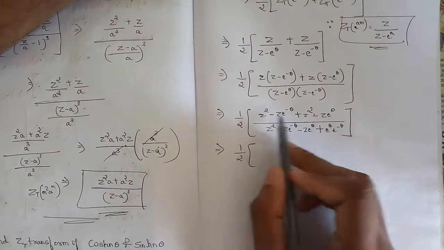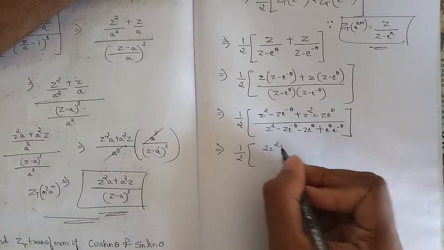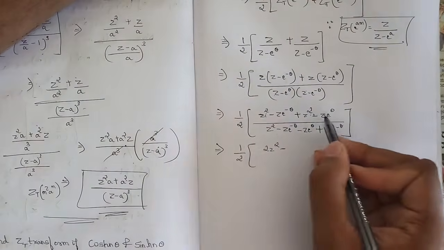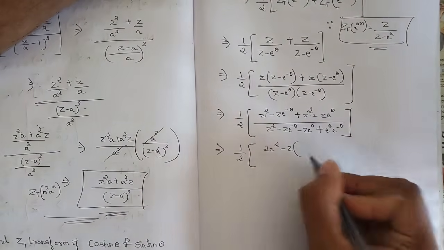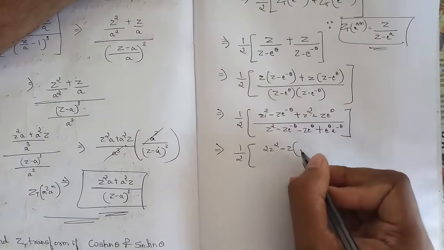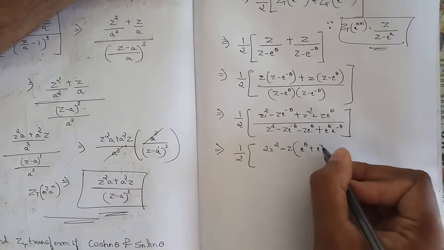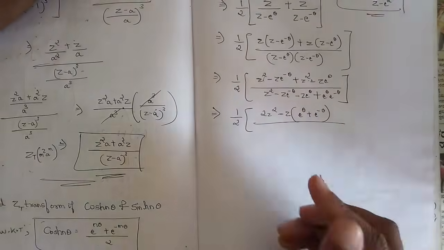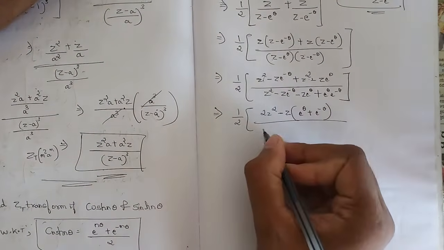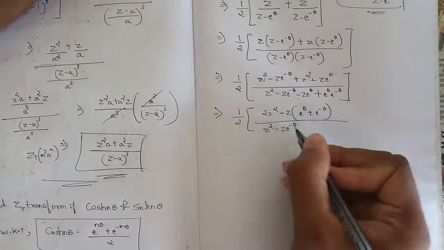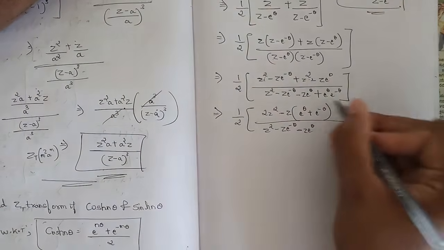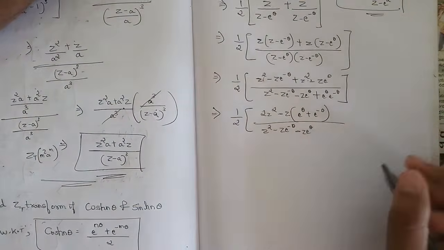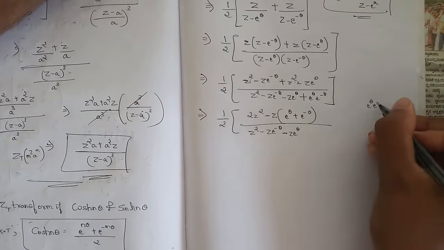So now add. There are two z square terms, so it becomes 2z square minus, in these two terms z is common, so I am taking minus z out and writing the remaining terms, that is e power theta plus e power minus theta, divided by z square minus z e power minus theta minus z e power theta, plus the term e power theta into e power minus theta.